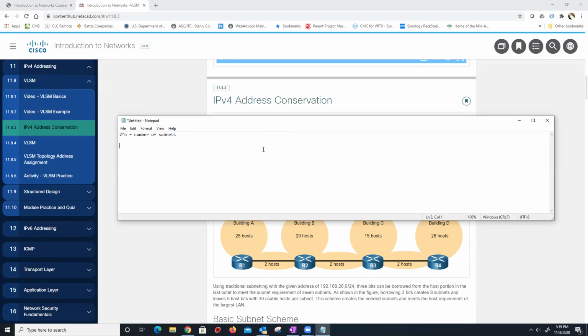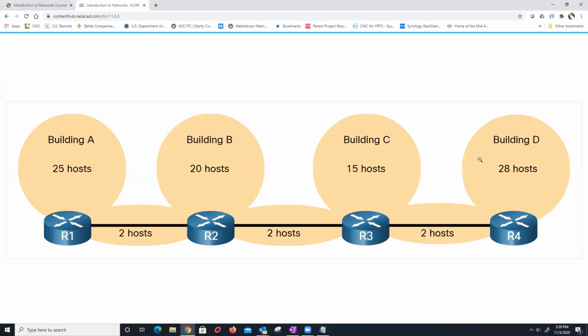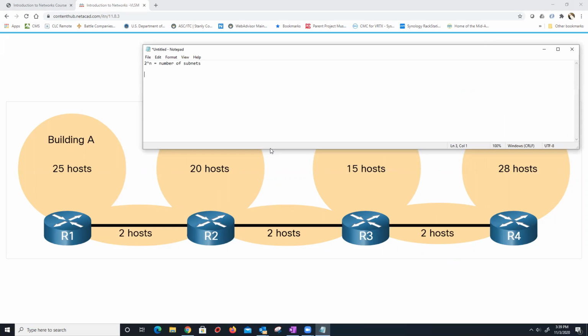The problem when we get into VLSM is that now we're going to look at the number of hosts, not the number of subnets. So we need to build subnets to support X number of hosts. To do this, we have to remember our formula 2 to the H minus 2, which equals the number of usable hosts, where H equals the number of host bits.